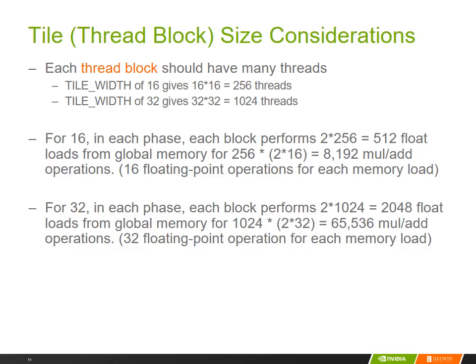Now we have 32 floating point operations for each memory load, which is 65,536 divided by 2,048. And this is even better. We have essentially very, very close to the ability to support full floating point execution throughput for a typical GPU today.